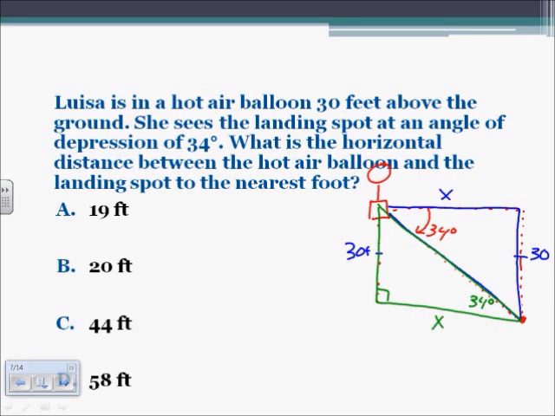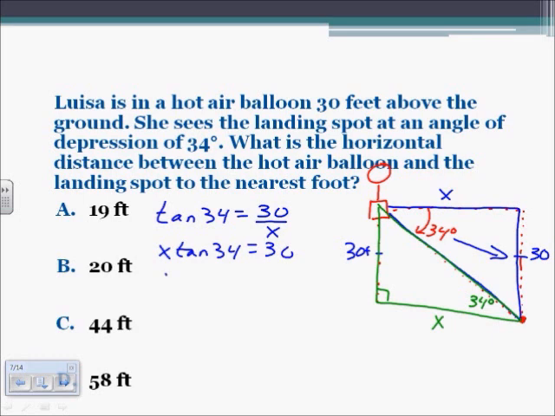Either way, once we have that, we have the opposite side being 30, so therefore we set up our trig function. Tangent of 34 is equal to 30 over X. We need to multiply it by X on both sides, and we have X tangent of 34 is equal to 30.